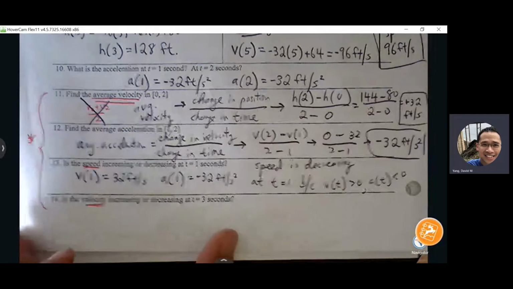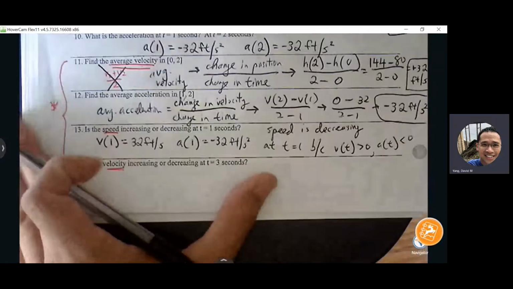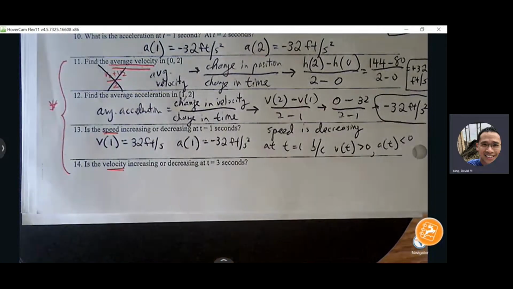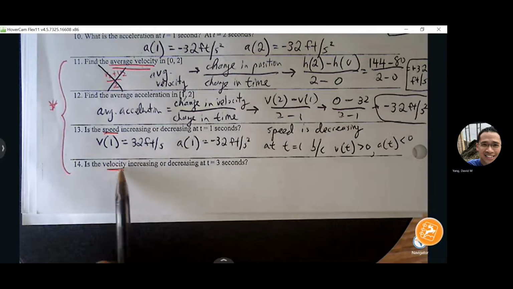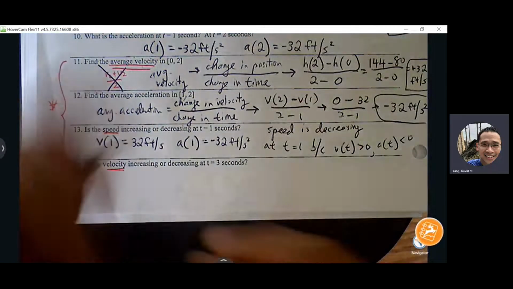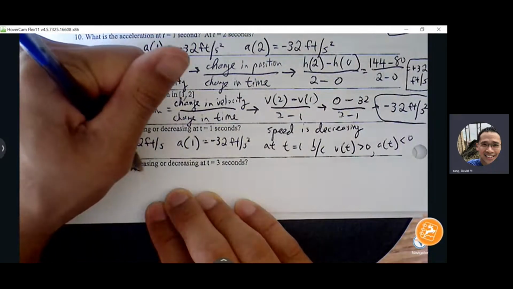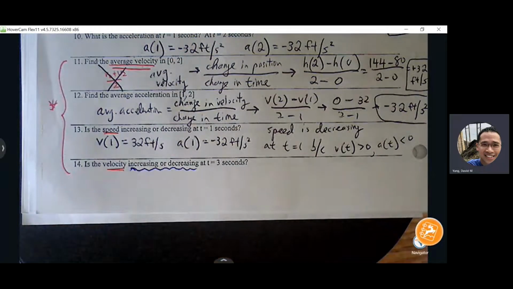So if you look at number 14, is the velocity increasing or decreasing at t equals 3 seconds? It virtually sounds like the same thing that we're asking for 13, just a slight change in word. Now, what is this talking about? The key words are here. I want to underline it and have you think about it. Is the velocity increasing or decreasing? When we talk about an increase or decrease of velocity, what are we talking about?